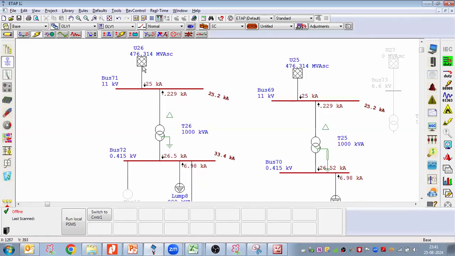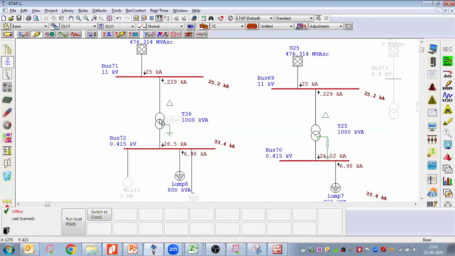25 coming here, 0.229, 0.3 coming here, 0.3 in this circuit. But since this is connected to the HV side, I'm taking 25 for this as well. When it comes to the LV side of the transformer, this side I'm getting 26.5. So I can take a 26.5 kiloampere breaker rating.